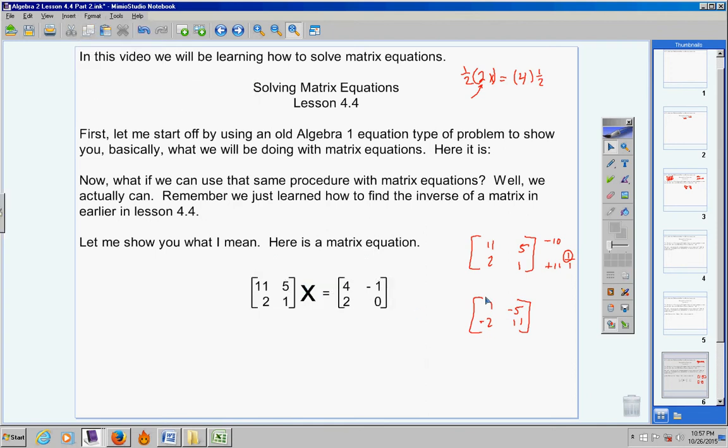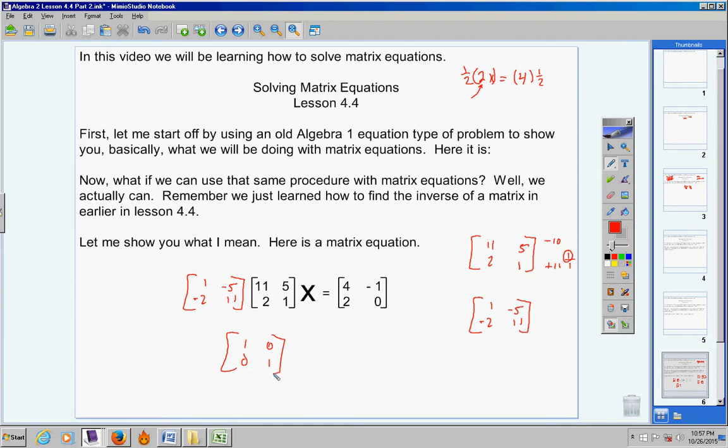If you take this matrix here, now remember, let's go back up here. Remember, you found the inverse of 2, right? And then you multiplied it by both sides, right? So if I take this matrix here and I multiply it by both sides, first of all, if I multiply the inverse times this matrix, they're basically going to cancel out. Remember, listen guys, when you take an inverse times its matrix, you get out what?